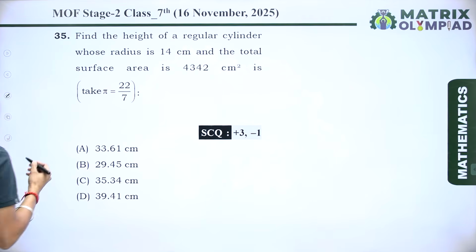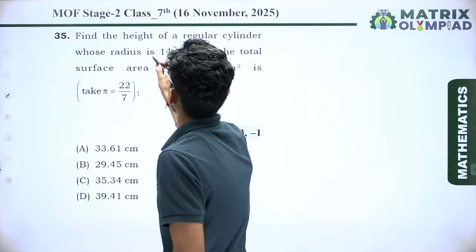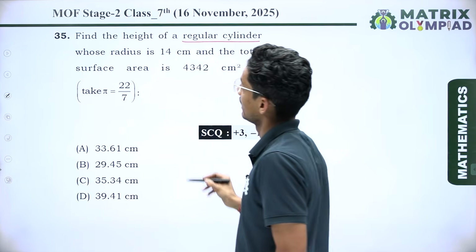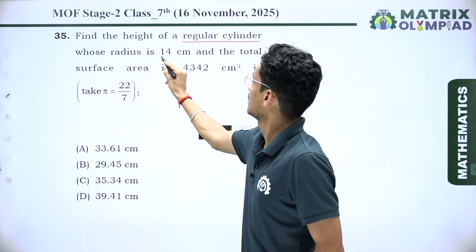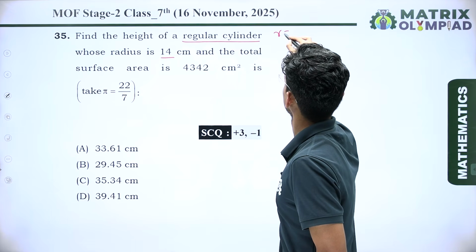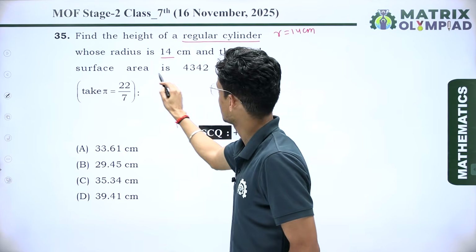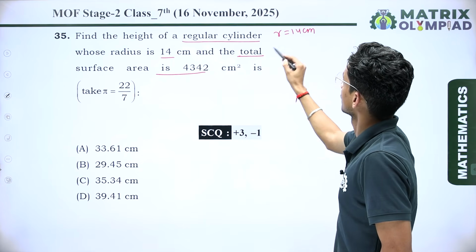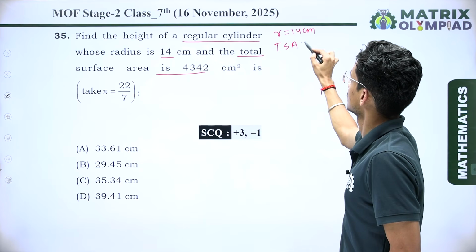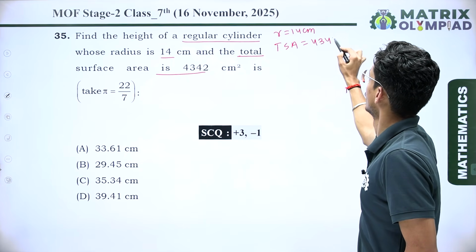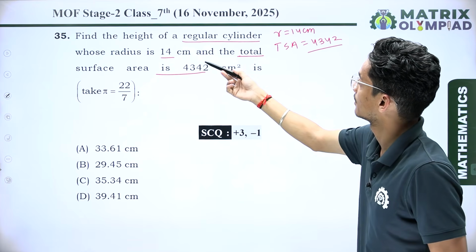Now the next question: find the height of a right circular cylinder whose radius is given, that is 14 centimeters, and the total surface area is given, TSA, that is 4342. We have to find the height.